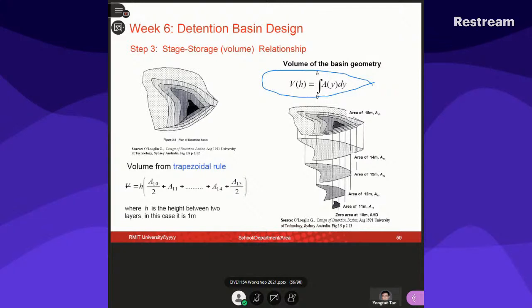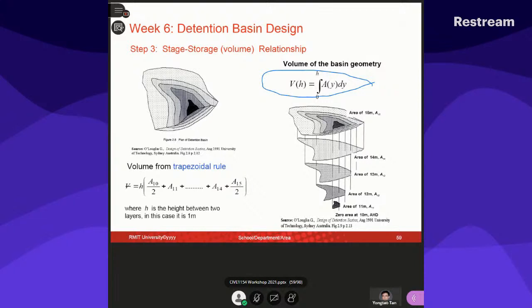We can divide the basin at different intervals, for example at 1 meter intervals. The integration is usually done numerically, as basin geometry is typically irregular.